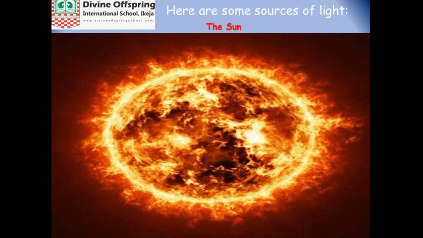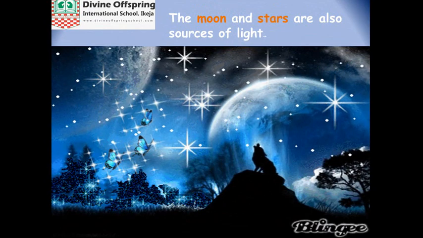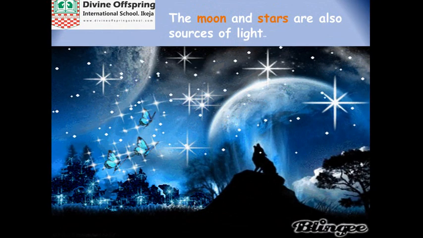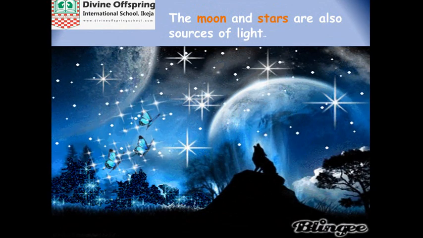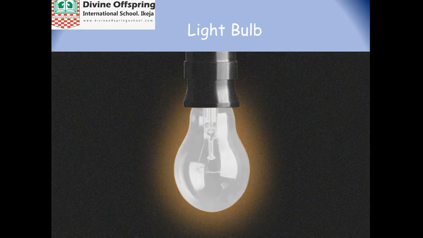Here are some sources of light. The first one is the sun. Next, we have the moon and stars. We also have the light bulb.